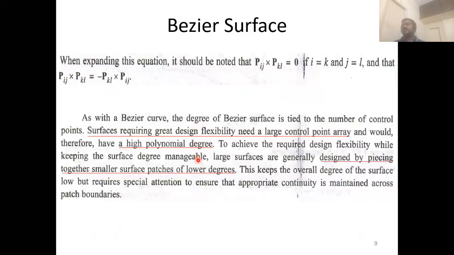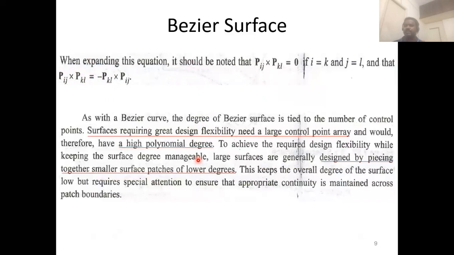So what is the advantage of Bezier surfaces? You can generate any complex surface and design with a higher degree of flexibility. If too much flexibility is required, the order of the polynomial should be very high. In some cases, handling a higher order expression or surface is very difficult.